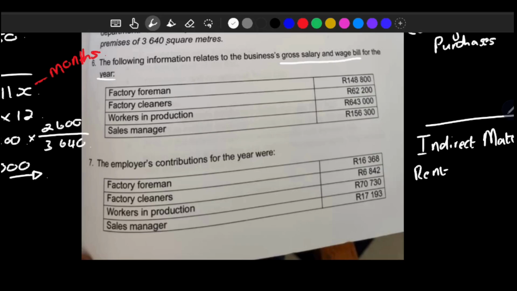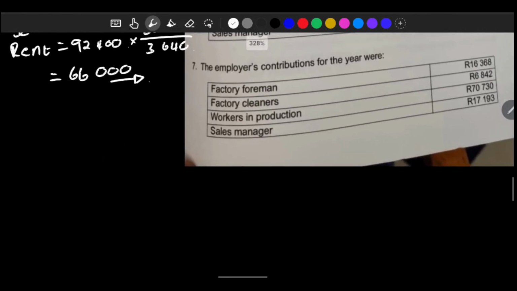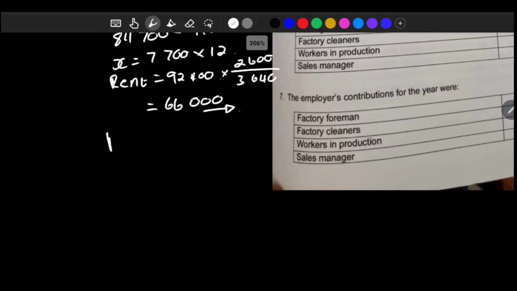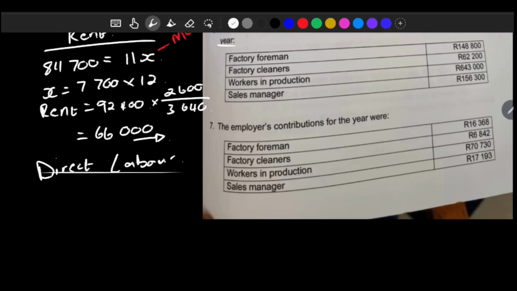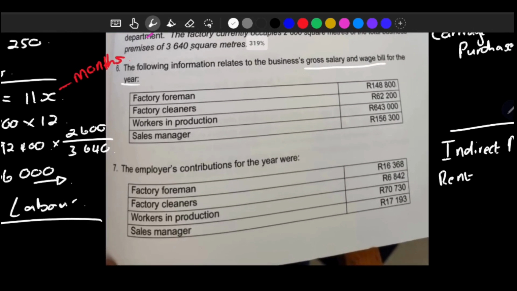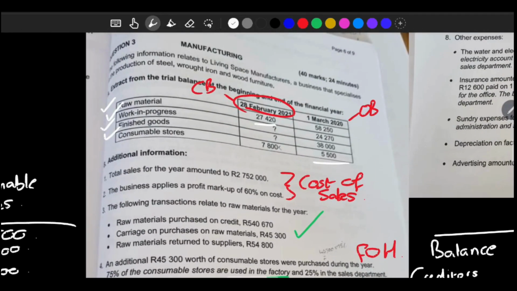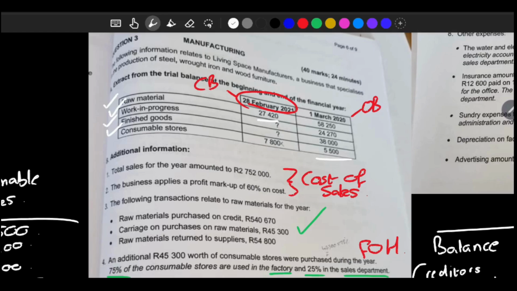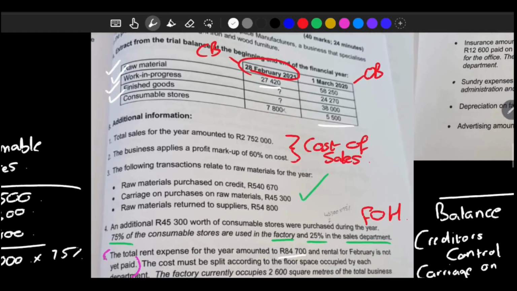Now I want to start with direct labor, right? What are the total costs that go into direct labor? Then we have here factory foreman. No, the factory foreman does not touch the materials, does not touch what we are creating here: steel, wrought iron, and wood furniture.